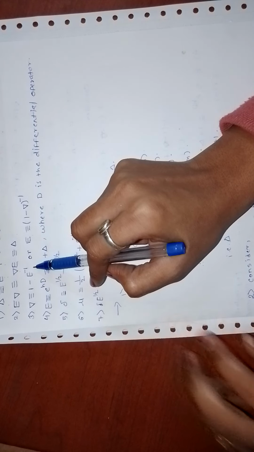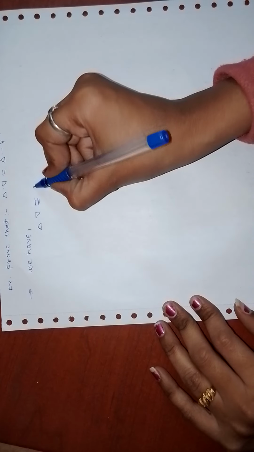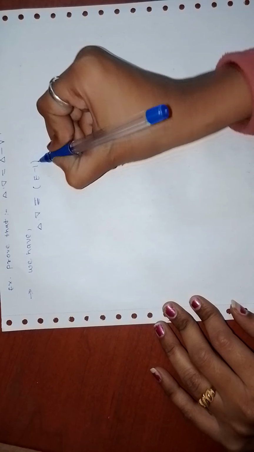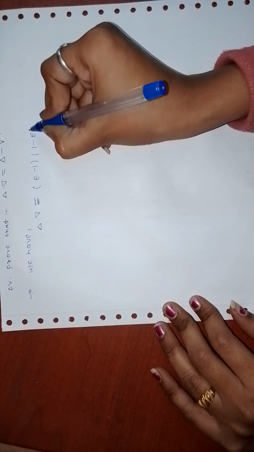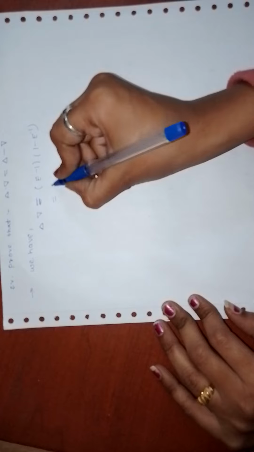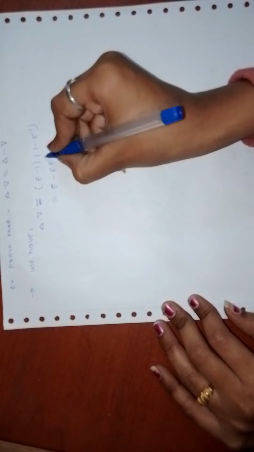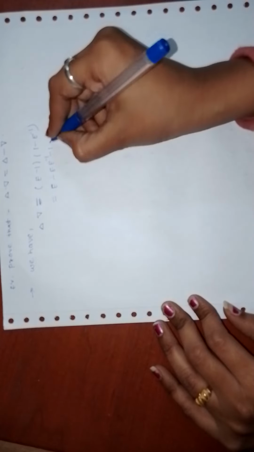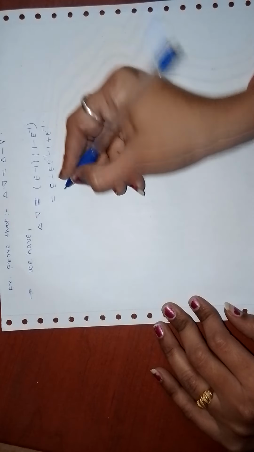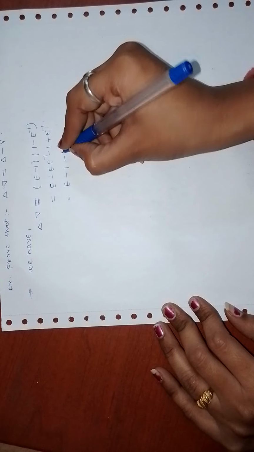We substitute this value in this example. So we get E minus 1 into 1 minus E inverse. So take the multiplication of these two: E minus E into E inverse minus 1 plus E inverse. But E into E inverse is 1, so minus 1 plus E inverse.